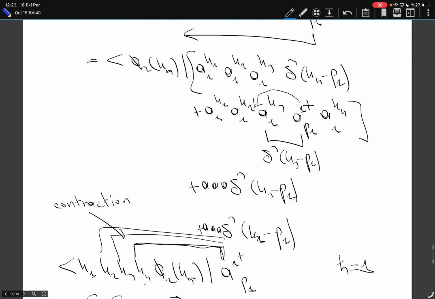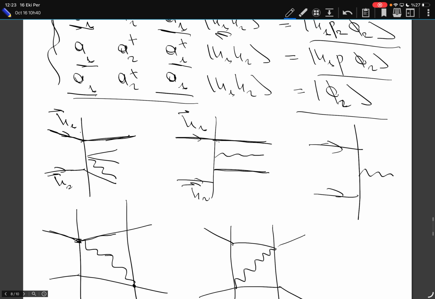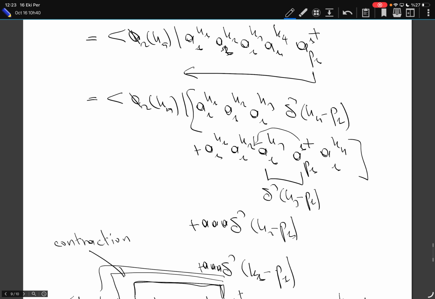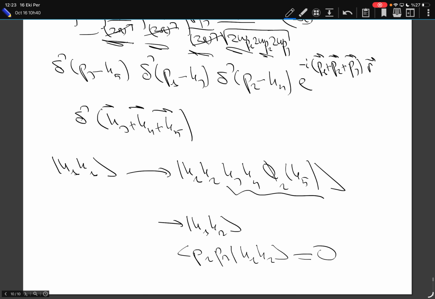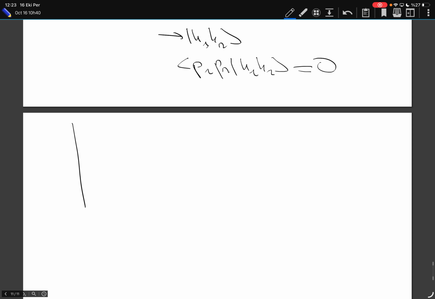Let's look at the diagrams. This is the diagram that I'm calculating now. I have incoming particles, K1, K2. Then this vertical line is my interaction vertex, my potential.